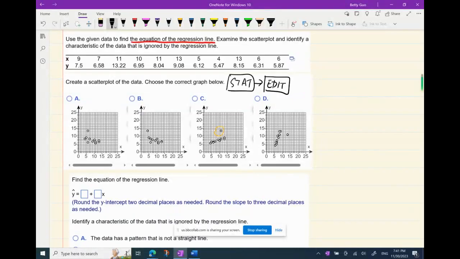In the second list, I'm going to enter those decimals for variable y. I'm going to be quiet for a little to concentrate.